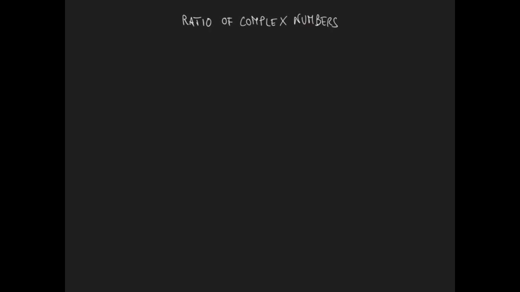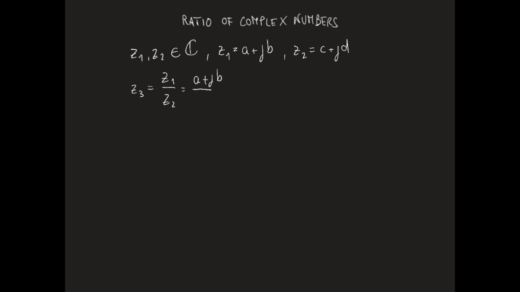Given two complex numbers, z1 and z2, with z1 equal to a plus jb and z2 equal to c plus jd, the ratio between the two numbers, z3, is also a complex number, which can be calculated as a plus jb divided by c plus jd.